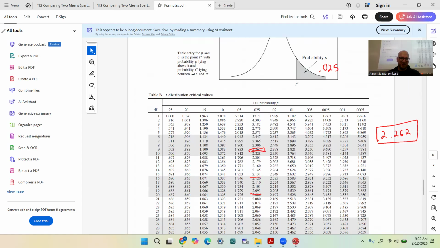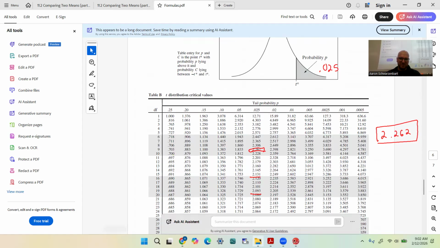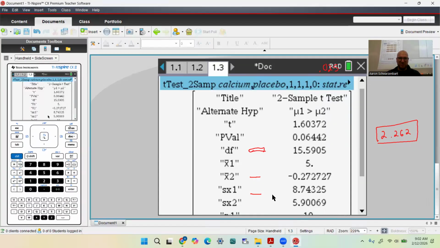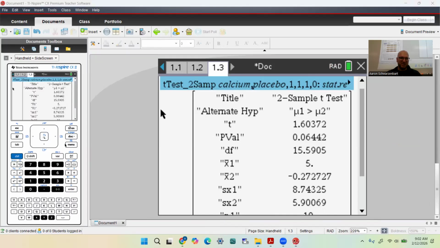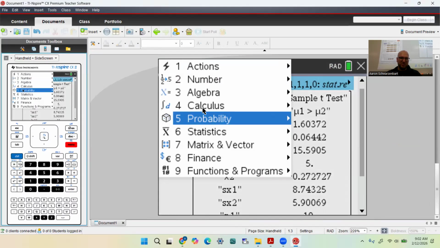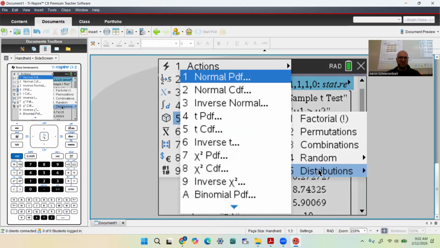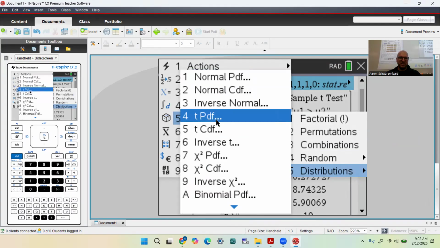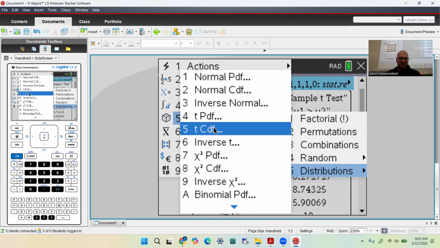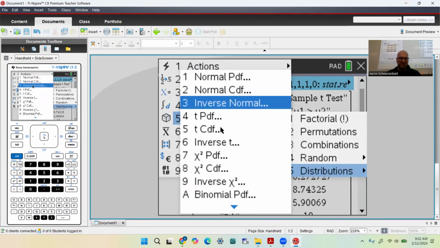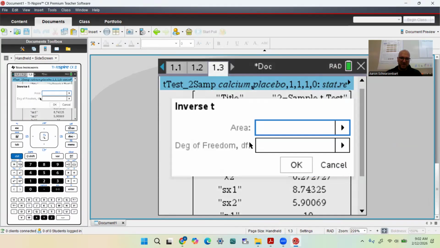Yeah, so to get this, because you're not going to get this table, you just use the calculator to do it anyways. If you needed the T star, menu, probability or statistics, distributions is under both of them. This is going to be inverse T. Area 0.025, degrees of freedom 9.